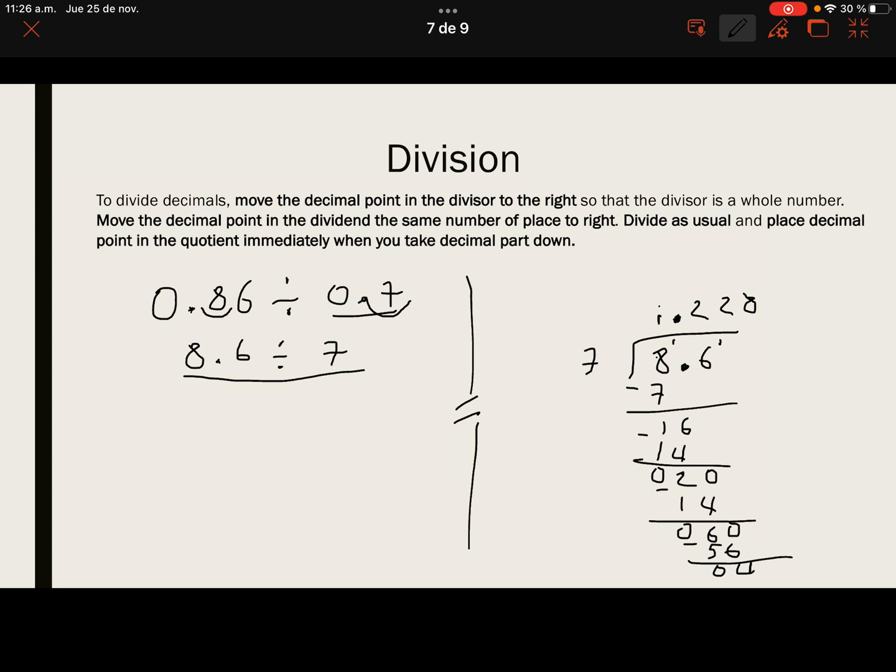Finally, as a conclusion, we can say that 0.86 divided by 0.7 is approximately 1.23, because we can round this answer to the nearest hundredth. Okay, guys, this is division.